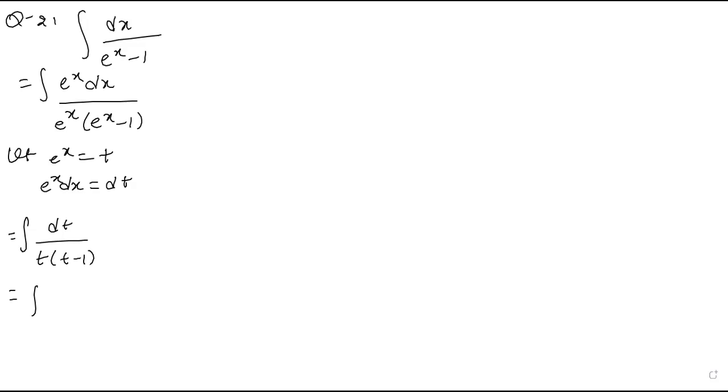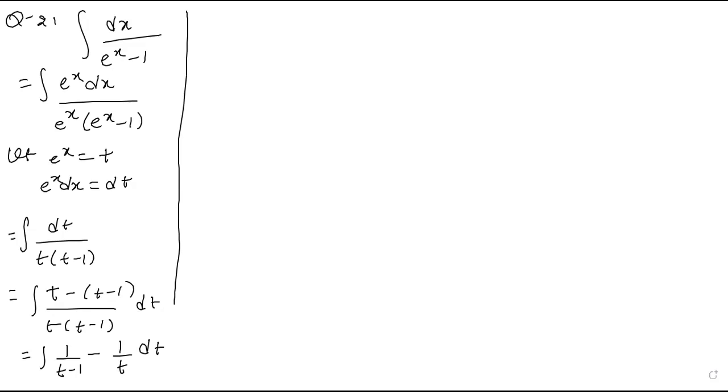You can use partial fraction for this, but I can directly solve this as it is somewhat easy. I will subtract t minus 1 from t, so here the t will get cancelled and I will have 1. If I individually divide this, I will have 1 upon t minus 1 minus 1 upon t dt.